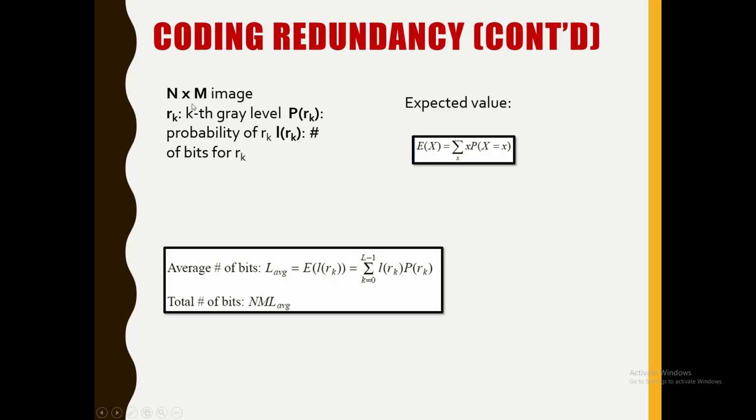Initially we have an n cross m image, rk is the kth gray level, p(rk) is the probability of rk, and l(rk) is the number of bits for rk. The average number of bits is the summation of l(rk) into p(rk), with k from 0 to L minus 1. So the total number of bits is n into m into L average.